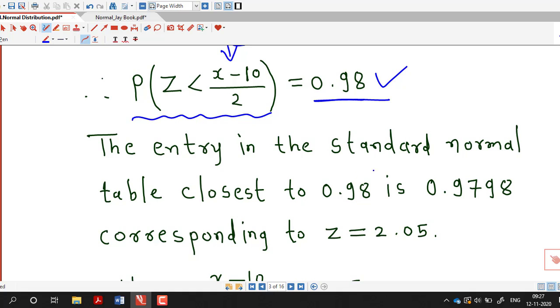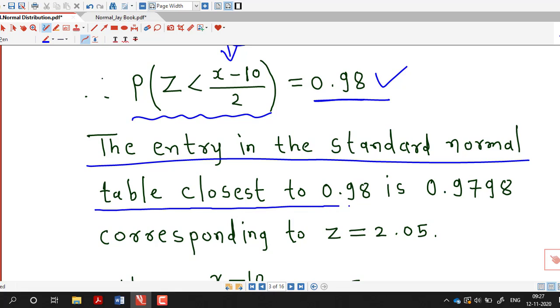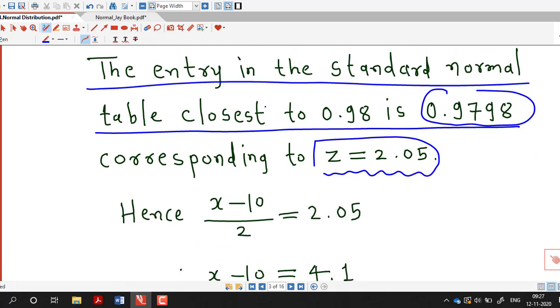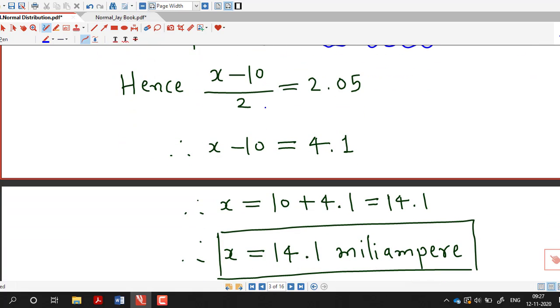So the entry in the standard normal table closest to 0.98 is 0.9798, and this probability corresponds to z equal to 2.05. Therefore (x minus 10) over 2 must be equal to 2.05, and from this we can find the value of x. X minus 10 is 2 times 2.05, that is 4.1.